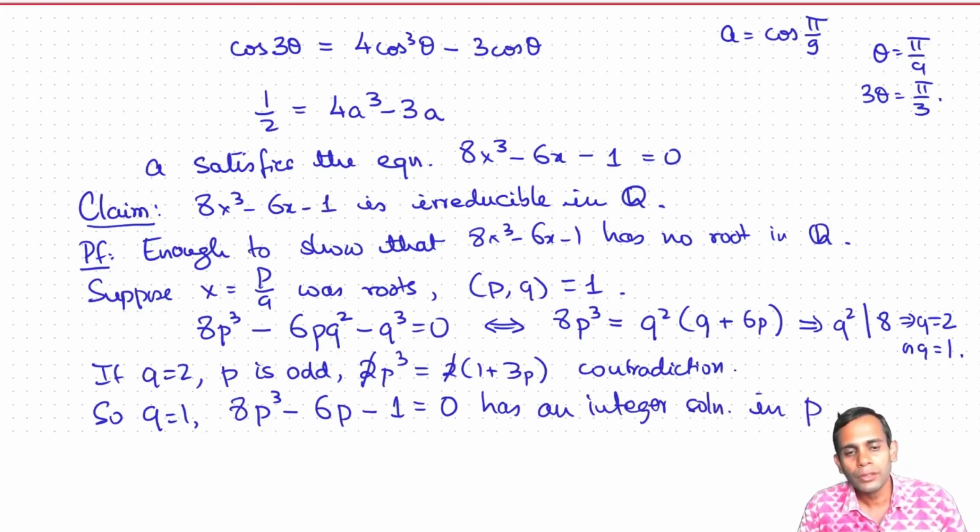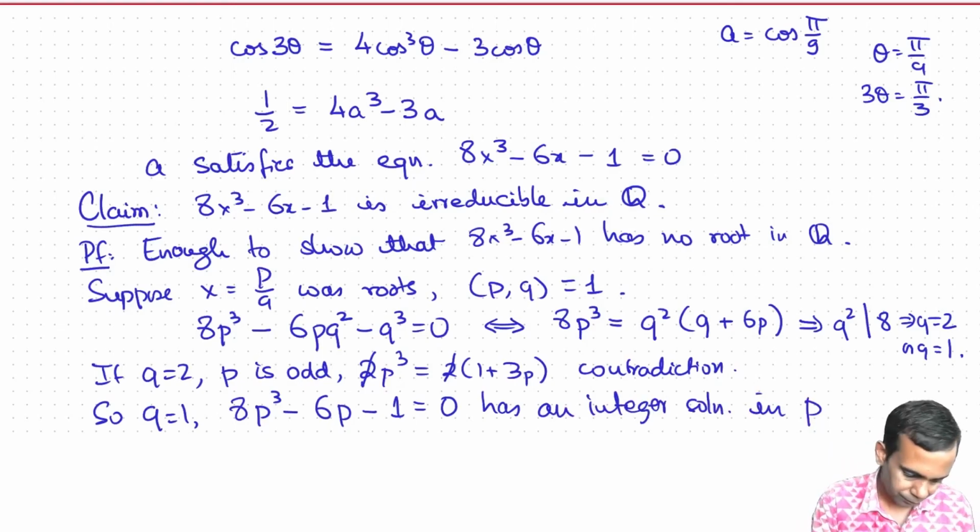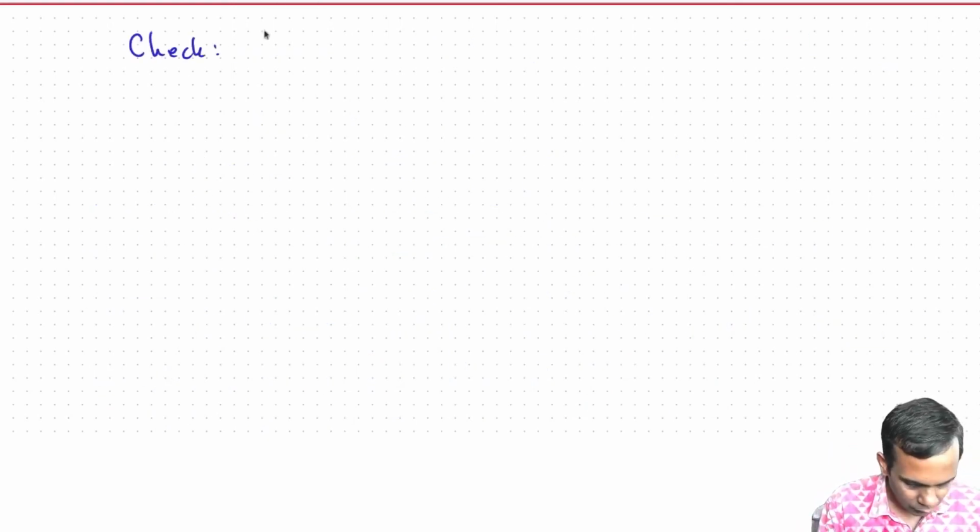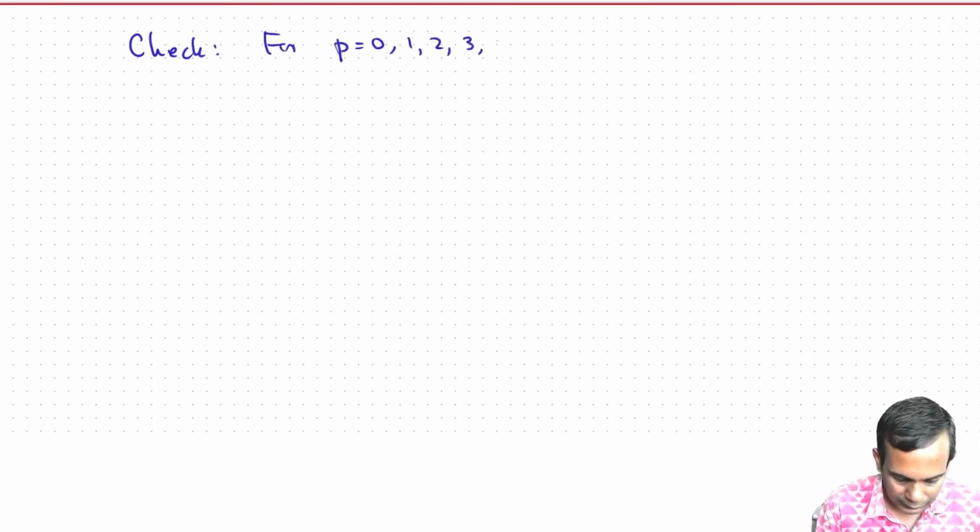But now you just take residues mod 5, just check for p equals 0, 1, 2, 3, 4. This equation 8p cubed minus 6p minus 1 is not congruent to 0 mod 5.